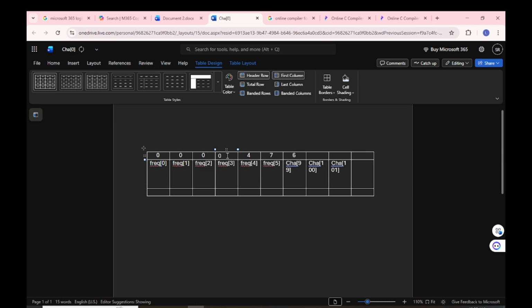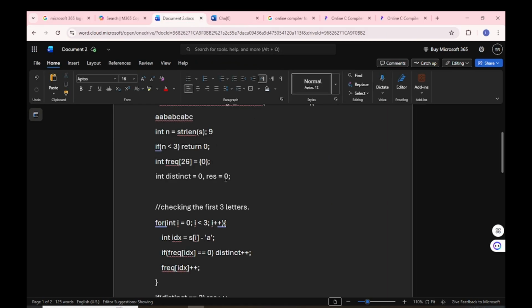So all of them would be 0, right? And let's just delete them anyway. So this is how the whole thing works, right?